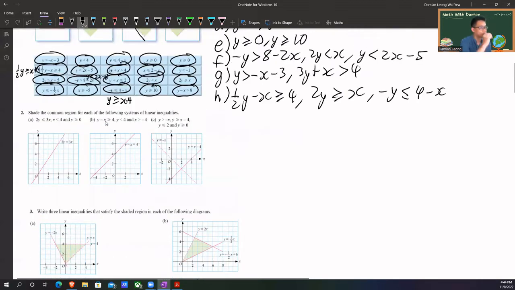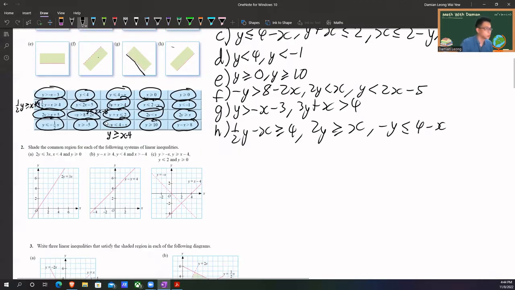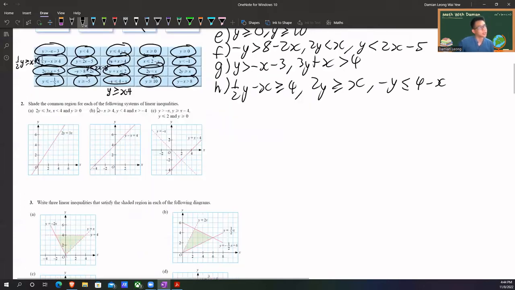Okay, now question 2, shade the common region for each of the following system of linear inequalities. So from the inequality, if your y is just positive, it is very simple.